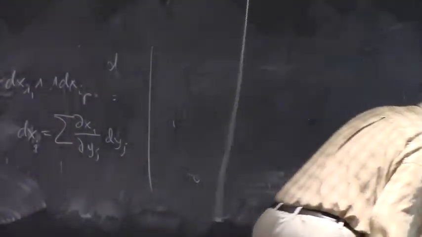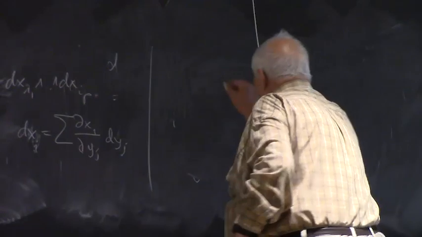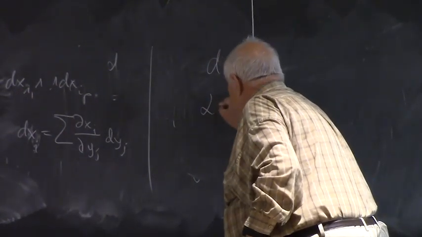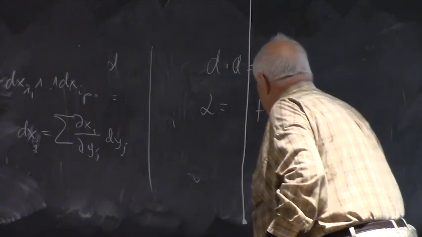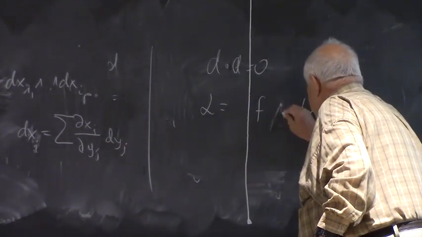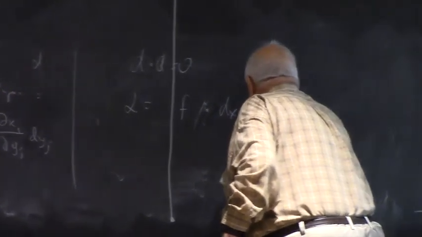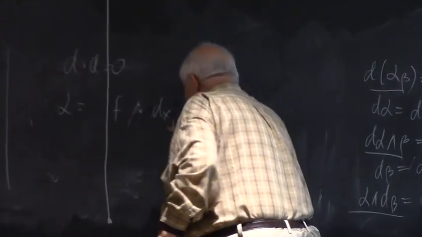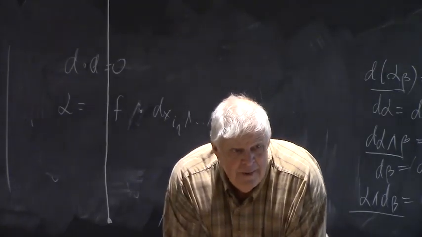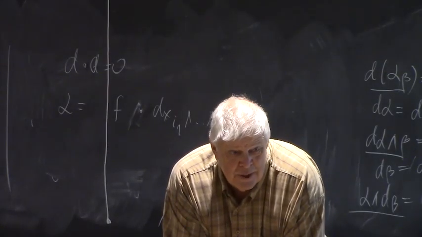Again, we want to prove that dd is 0. So I take a form alpha, which is f times dx_{i1} ... dx_{iq}. I can write wedge here, but it's very strange to write wedge between a function and a form.